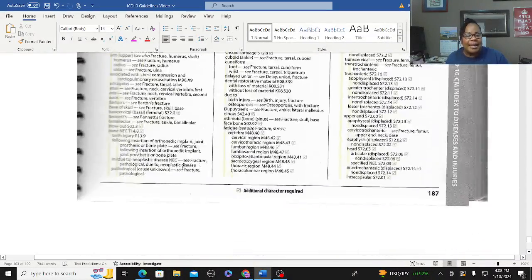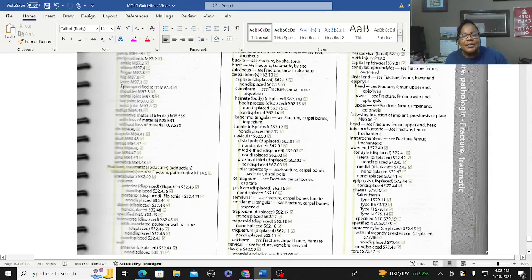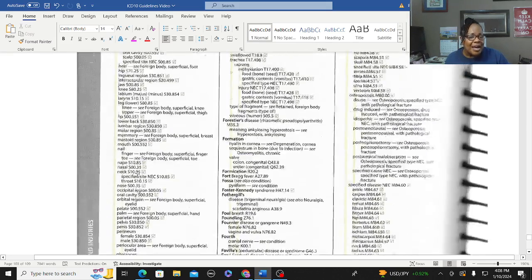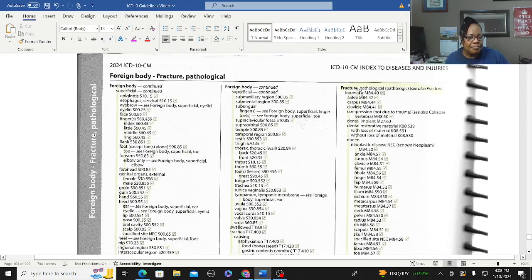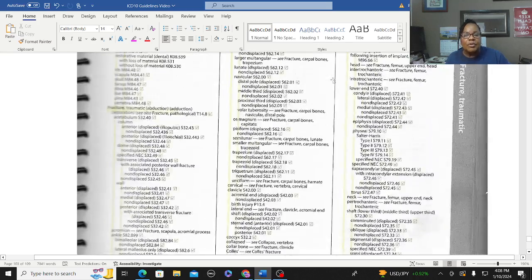If you go to page 187, the very next page, main term fracture, it's a little blurry. If you come down right there, it says traumatic. So there's the two different types of fractures. Pathologic, weakened bones due to a disease process, or fractured bones due to some type of trauma.